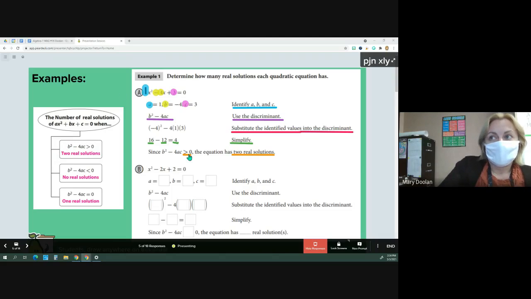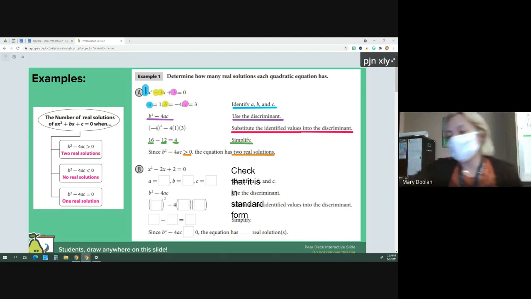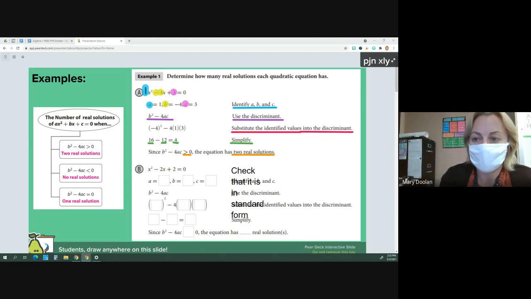Okay, so we're going to try this too with the second example. We're just going to fill in these boxes. So first thing we want to do, make sure it's in standard form. x squared minus 2x plus 2 equals 0. It's in standard form. So even though it doesn't say that, I'm going to add that in right here. If it was not in standard form, then you would want to rewrite it so that it is in standard form.